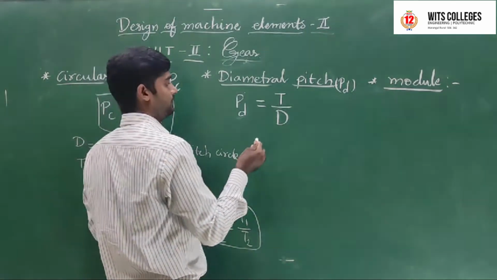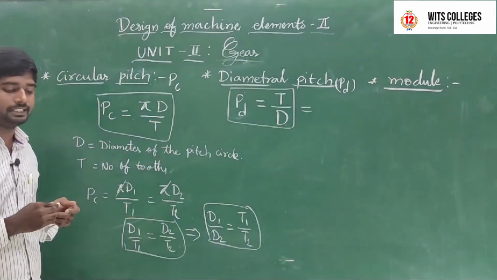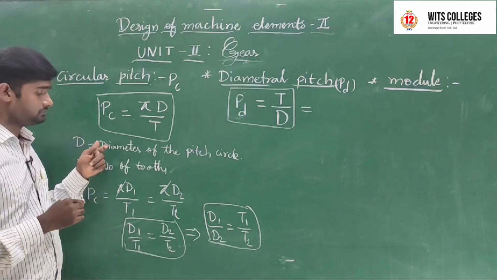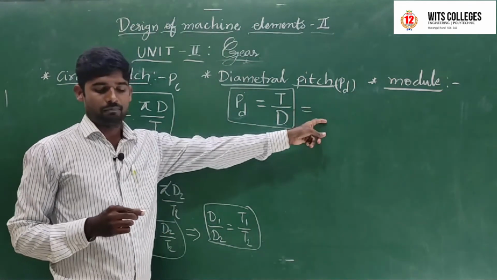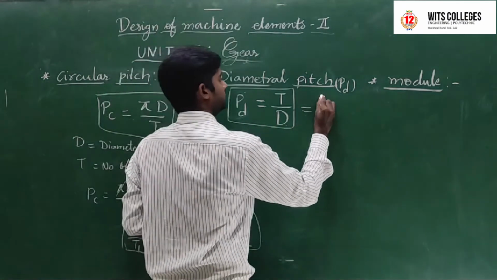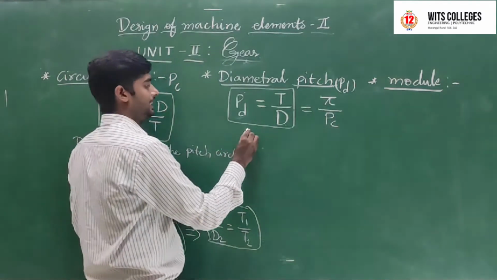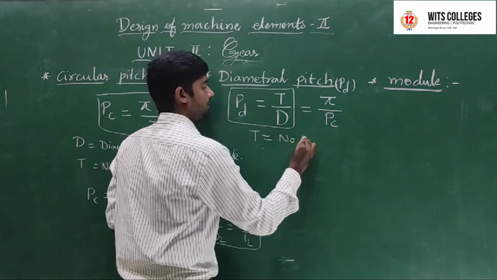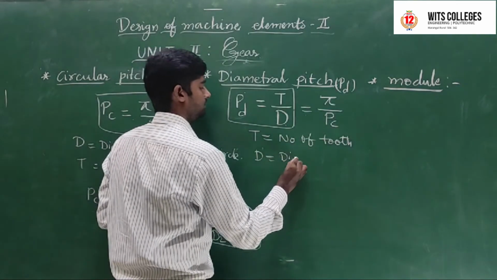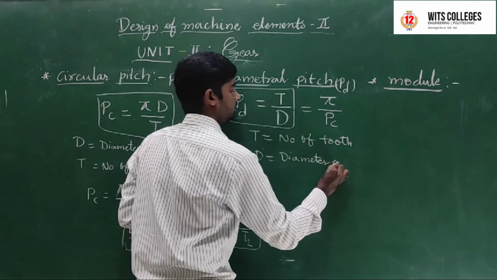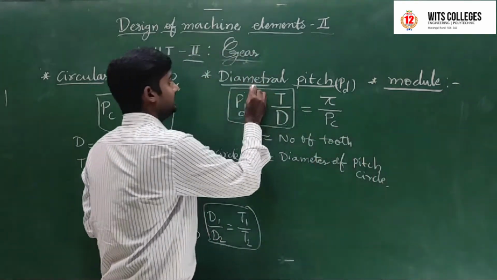This is one of the formulas. PD is equal to T by D, which is also equal to pi by PC. Let's write pi by PC. This is also one of the formulas. In this one, T is the number of teeth and D is the diameter of the pitch circle. Okay, this is the diametral pitch.